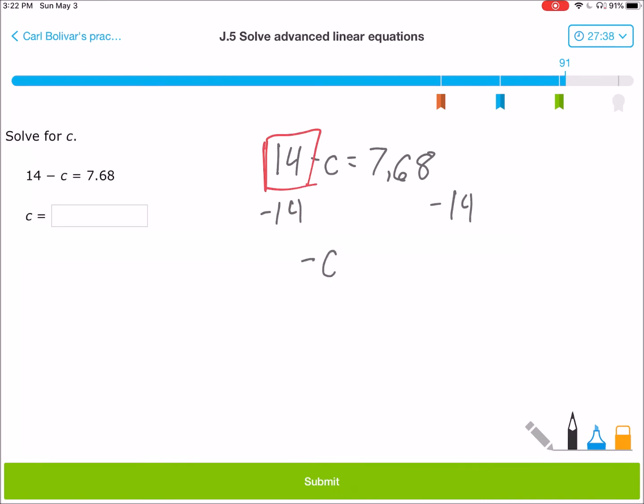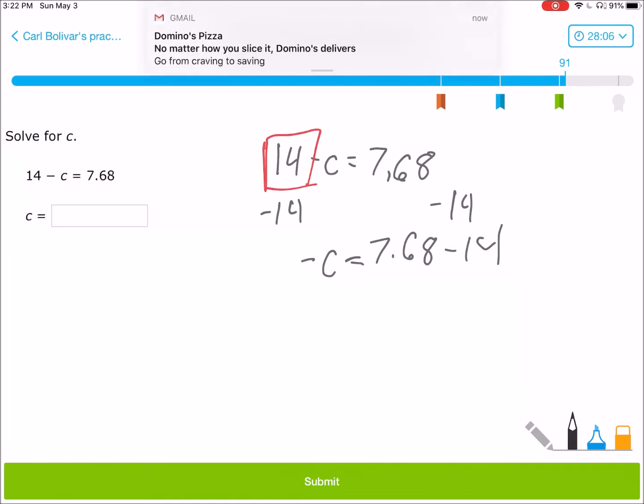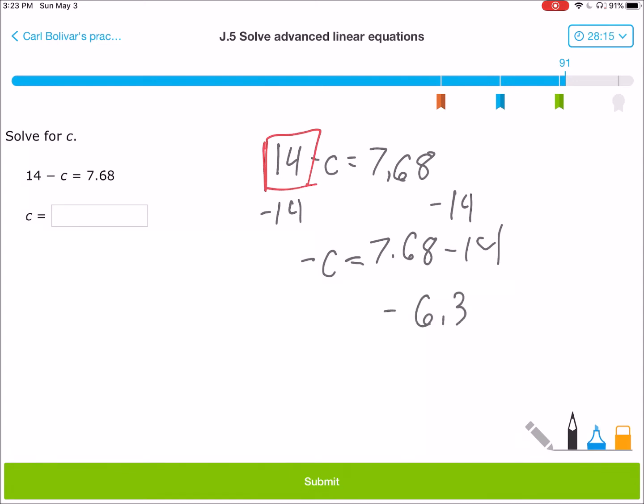What we're left with is negative c is equal to 7.68 minus 14. Now 7.68 minus 14, let me take out my calculator. Okay, calculator's here. 7.68 minus 14 is negative 6.32, which is equal to negative c.